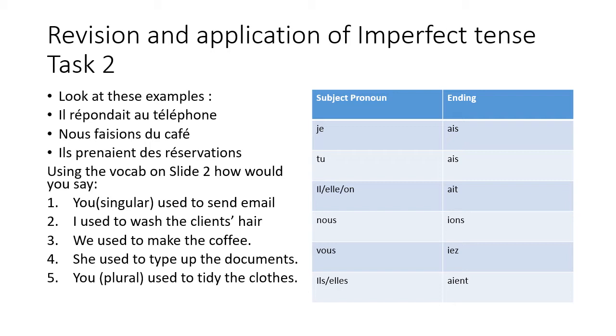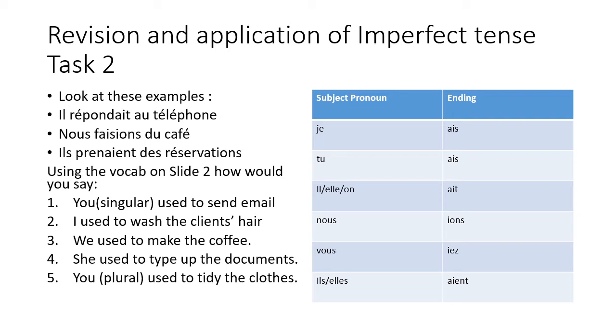So if you look at the examples that I've given you, il répondait au téléphone would be how you'd say he used to answer the phone. Nous faisions du café, we used to make the coffee. Ils prenaient des réservations would be they used to take the bookings, the reservations.